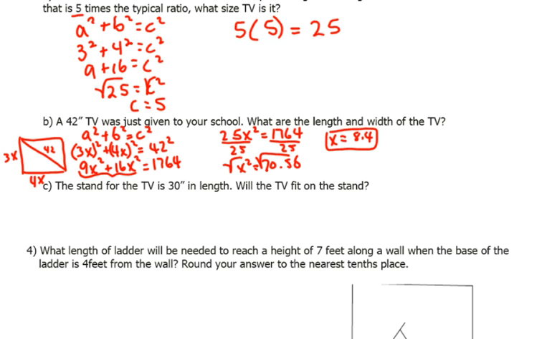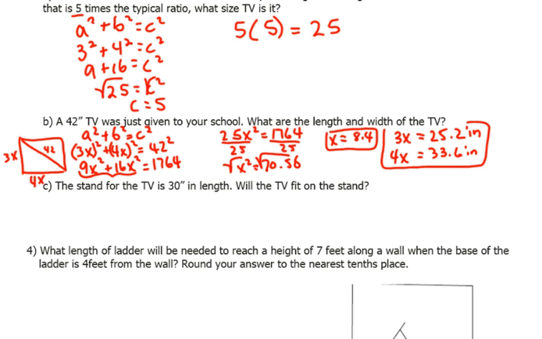Now I know that it's 3 times whatever x is for the width. So 3x, which is the width, is going to be 25.2 inches. And the length is 4 times x, so 4 times 8.4 is 33.6 inches. So this would be my dimensions. The stand for the TV is 30 inches in length.